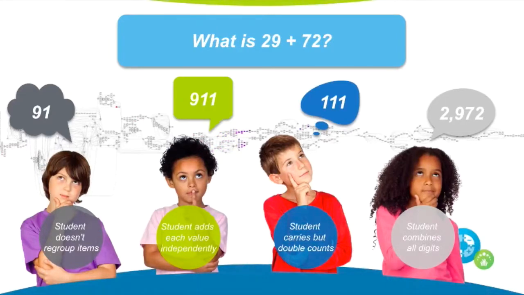So that intelligent adaptive engine takes over immediately upon starting on Dreambox, doing continual formative assessments within each of those lessons, identifying where their successes are and where remediation needs to occur in order to find that zone of proximal development for each individual student, truly differentiating the instruction within the program.